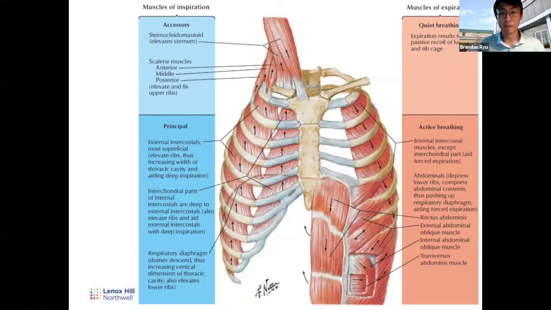Does that make sense? When you're trying to do forced inspiration, so not normal inspiration, but when you're trying to take a deep breath in, I actually want everybody to take a deep breath in and feel the muscles that they're using. When you take a deep breath in, you feel your rib cages expand. That's the intercostal muscles. And you should also feel a little bit from your neck.